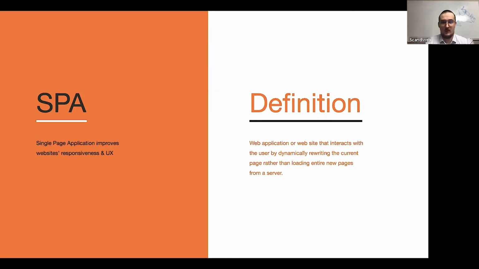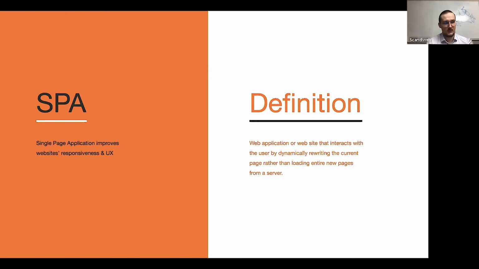Single page applications improve website responsiveness and UX, and make your website even more app-like. The core principle of a single page application is that when the user interacts with the website, the page is not reloaded fully from the server.